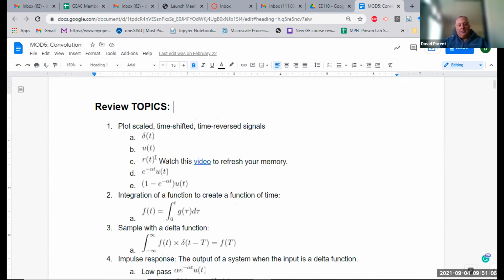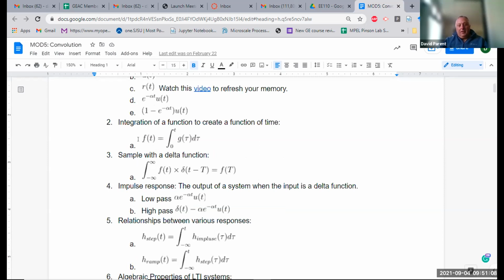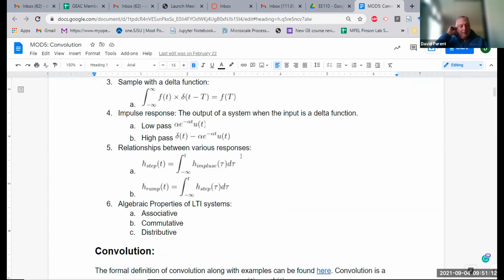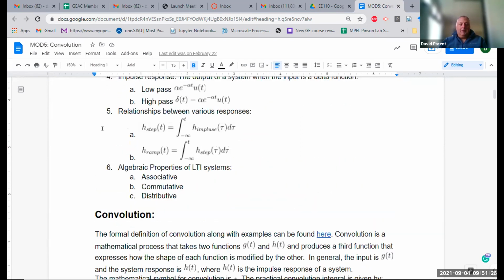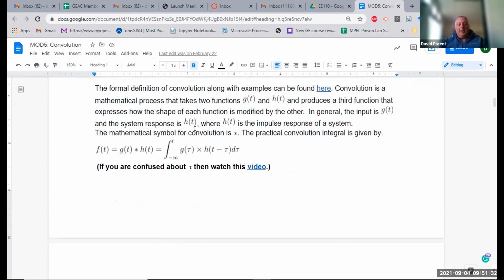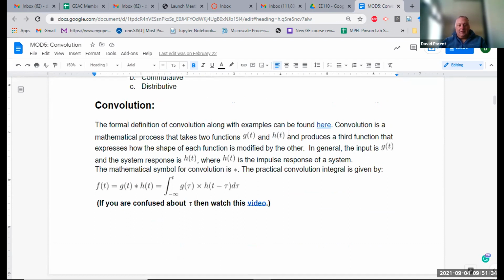What are these functions? Here's integrating something with time; integrating a delayed delta function just gives you that function at that particular moment in time. Impulse response, the relationship between impulse, step and ramp. But then here is the convolution.